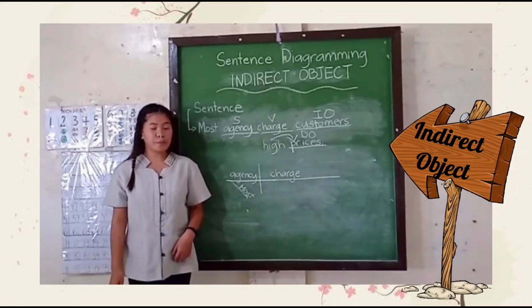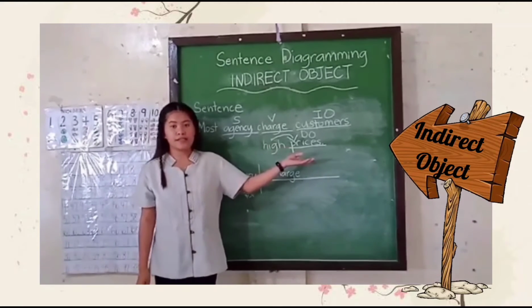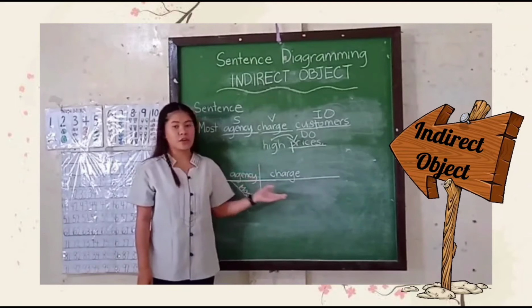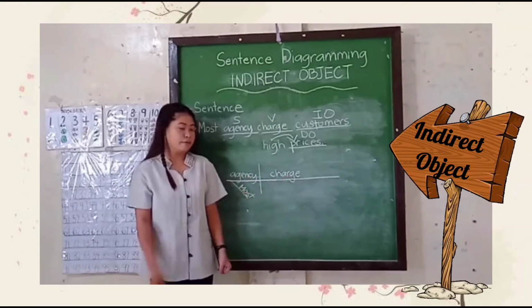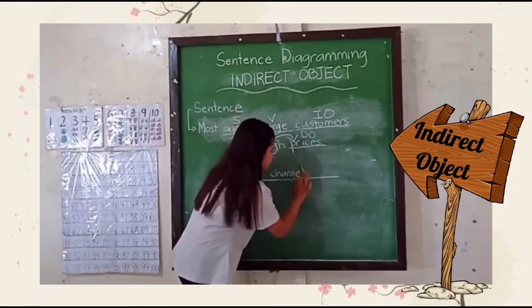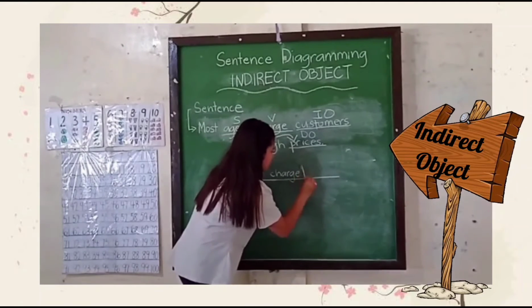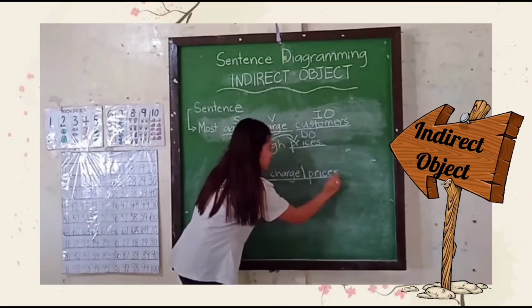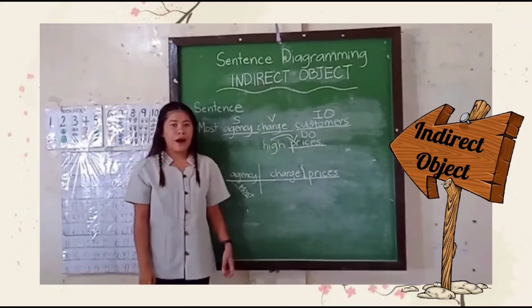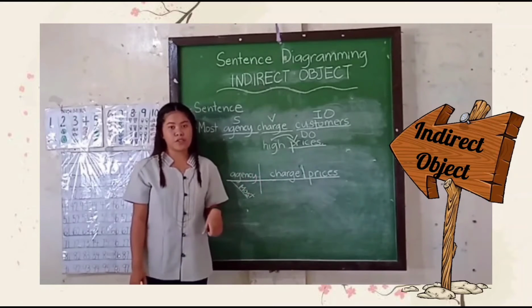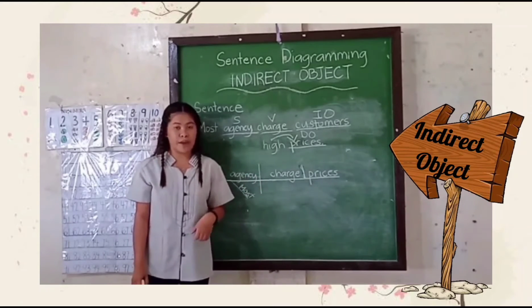And the word prices, the direct object, is going to go on that horizontal with the half line separating it. High goes underneath prices because it's describing the prices.